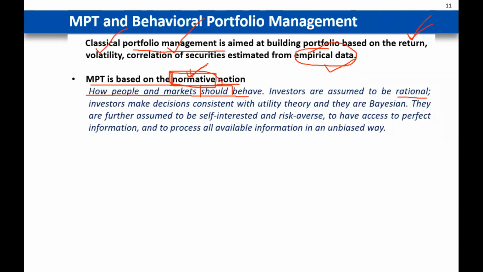Are you getting my point? So this kind of assumption is a normative notion, what it should be, how people or the market should behave, and people and the market actually behave in that way. This is an assumption by which philosophy? Normative philosophy, that investors are rational. Can you recall this person's name?